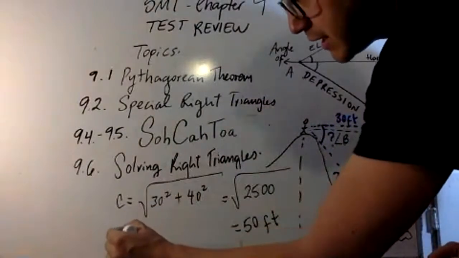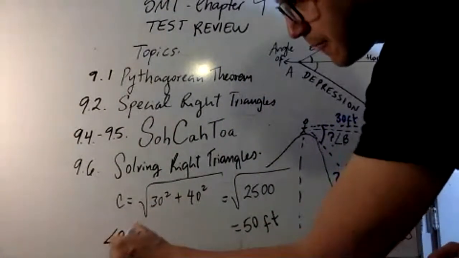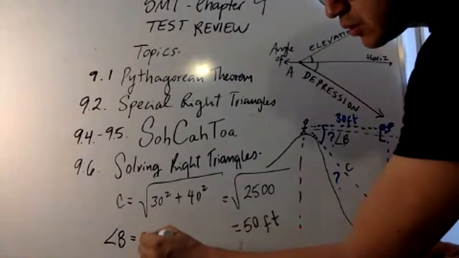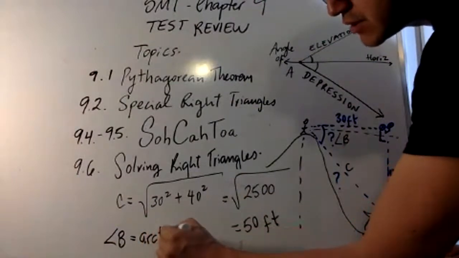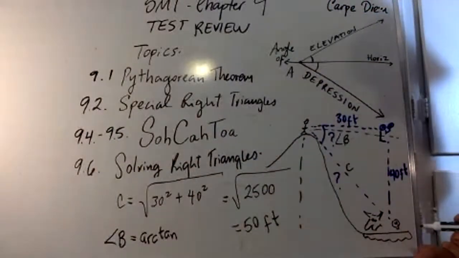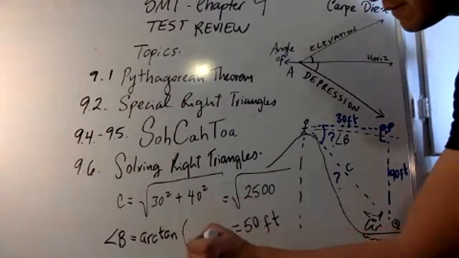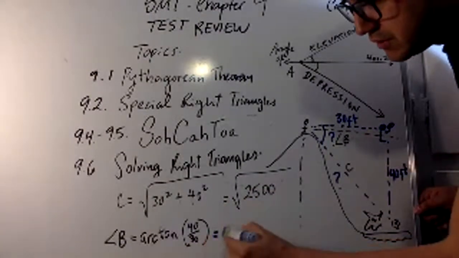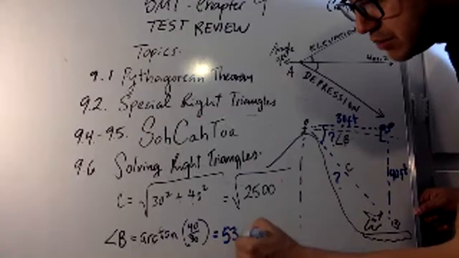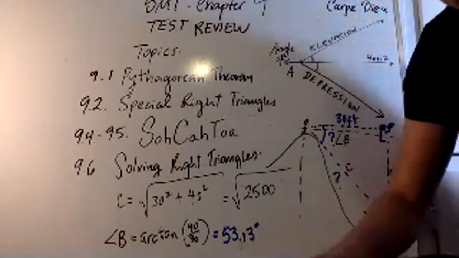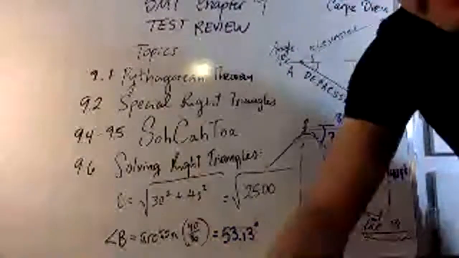So angle B is equal to the inverse tangent, or arc tangent, as I like to use it as well, because that's how Google accepts it. The arc tangent of opposite over adjacent for angle B is going to be 53.13 degrees, and then you're good. That's it.